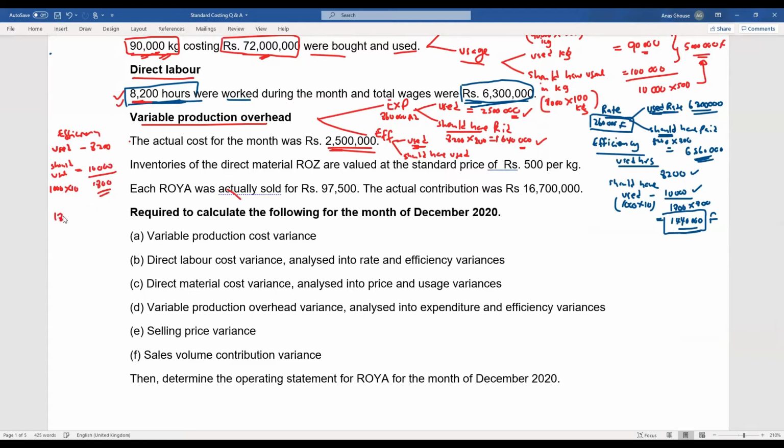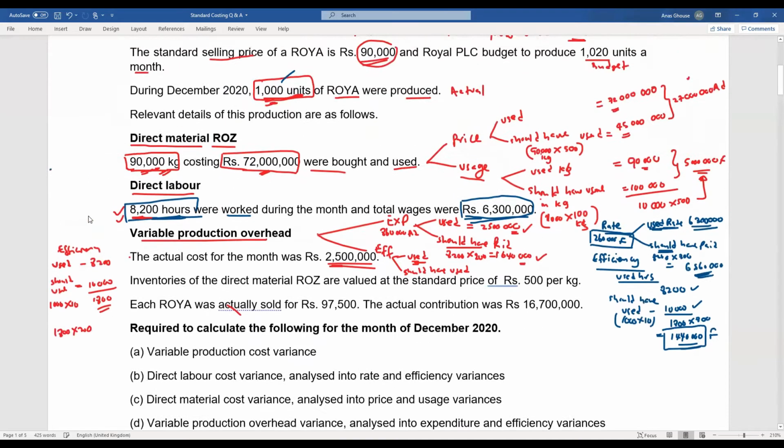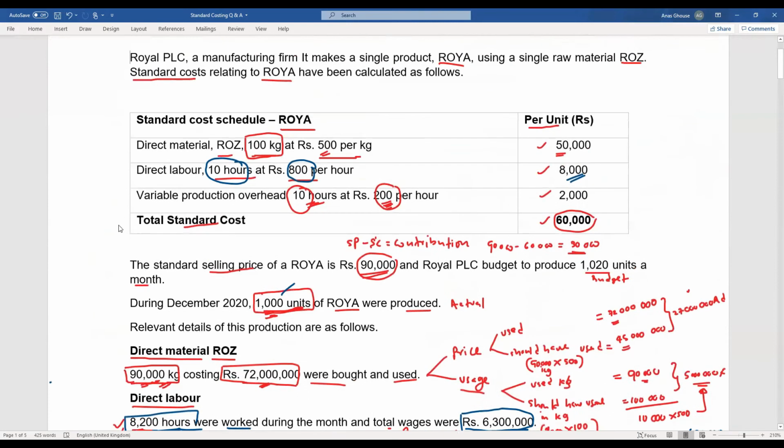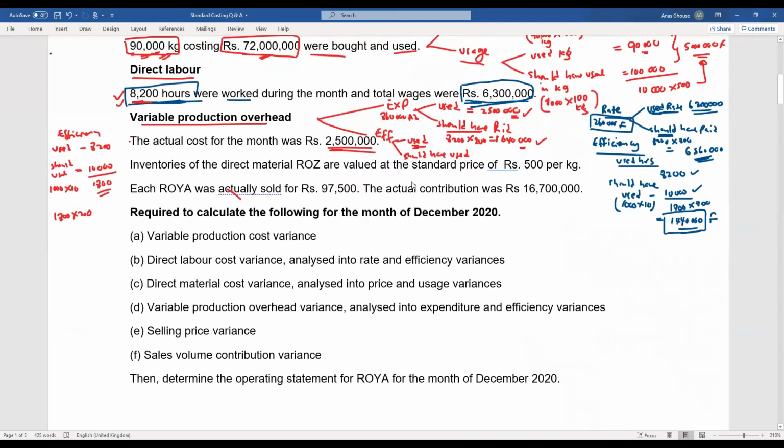So 1,800 hours times 200, which is our standard cost rate of 200 per hour. 1,800 times 200 is 360,000.